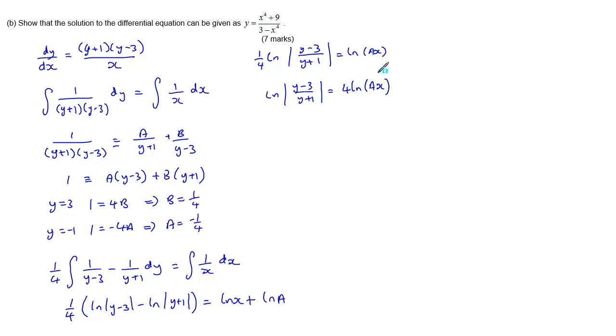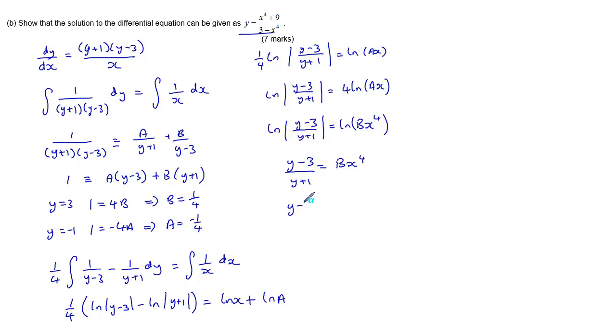And of course using a log law this 4 can come inside here, so we can say ln of (y minus 3) over (y plus 1) is ln bx to the 4. Log equals log, so it follows that (y minus 3) over (y plus 1) is equal to bx to the 4. Now we want it in the form y equals.